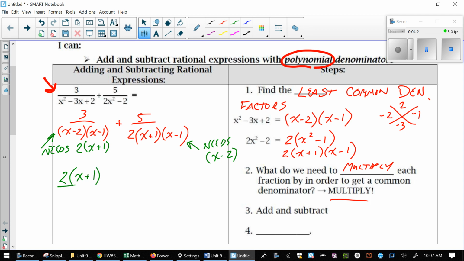And in the denominator now, it's 2 times x plus 1 times x minus 2 times x minus 1. And then I still have that 3. I'm going to put that in red so you guys see that original one. And my original here was this x minus 2 and this x minus 1. So see, there's my original.